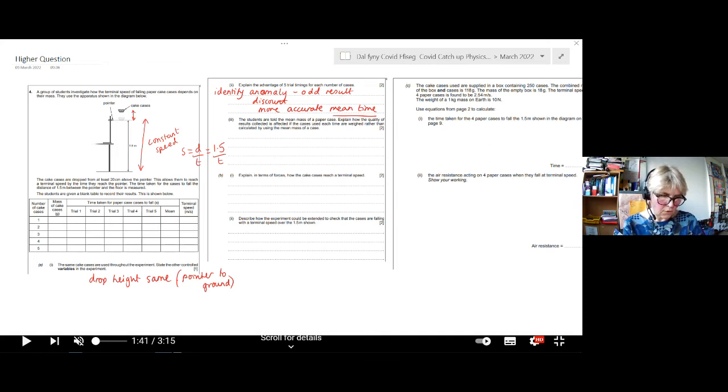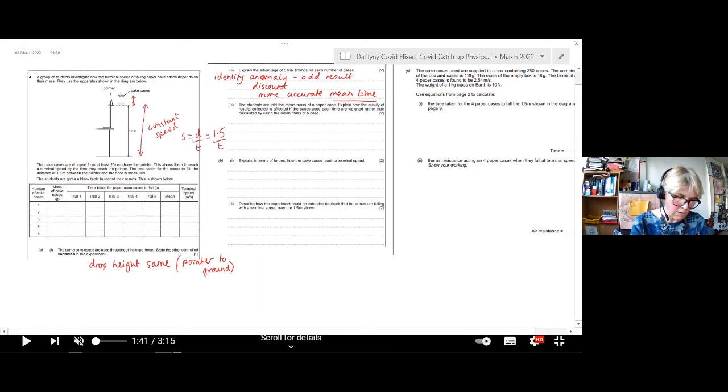The students are told the mean mass of the paper cake case. Well, explain how the quality of results collected is affected if the cake cases used each time are weighed rather than calculated by using the mean mass of the cake case. Maybe each cake case is different in terms of their mass, and maybe that difference is significant.